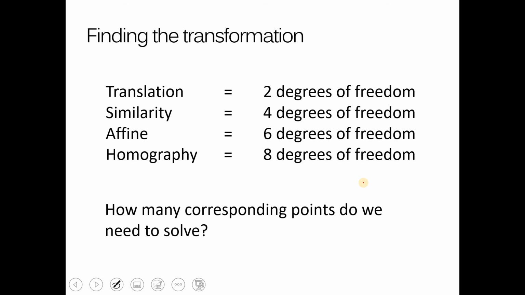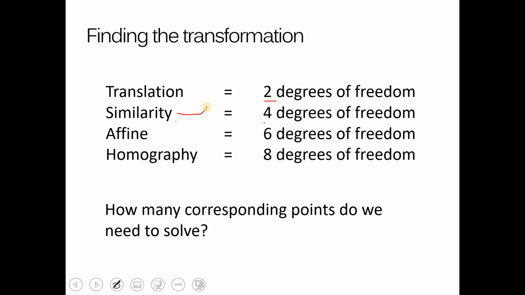So this is the summary. In translation, we have 2 degrees of freedom. Similarity transform, now you should remember this. Similarity transform is 3 types of transforms: translation, rotation, and what was the third one? Translation, rotation and scaling. So it provides 4 degrees of freedom.